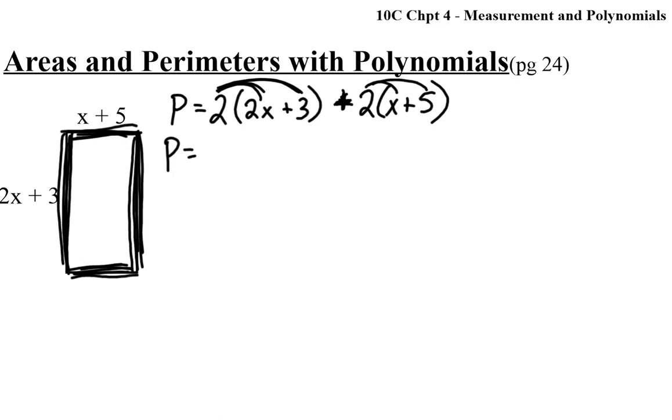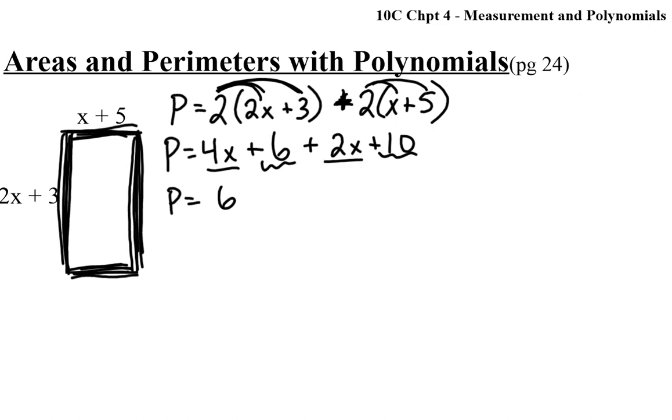There's no FOIL happening here because we don't ever have a bracket beside a bracket. 4x plus 6 added to 2x plus 10. Always combine like terms if possible, and our perimeter is 6x plus 16. So 6x plus 16 is the perimeter for this shape.